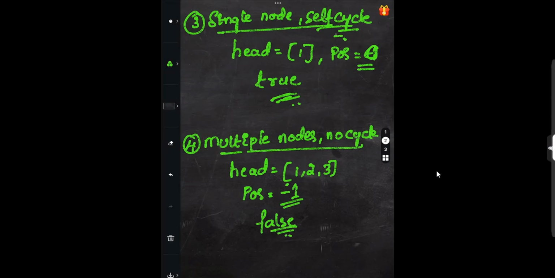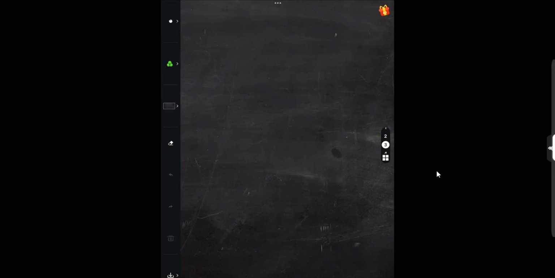Why? The nodes do not connect back to any previous node, so the output will be false.